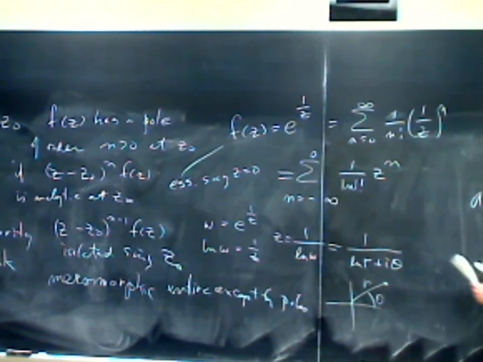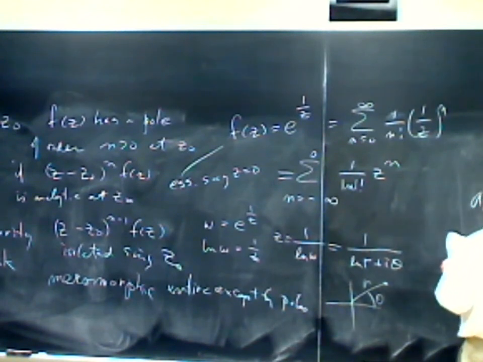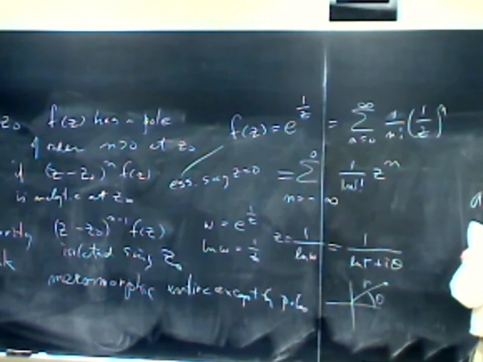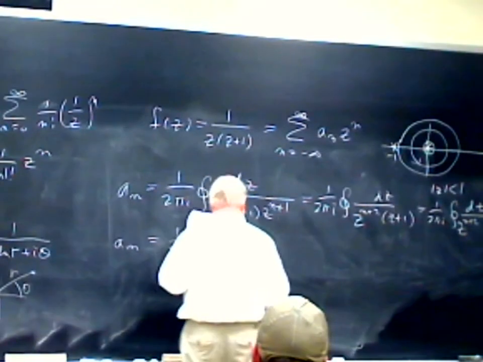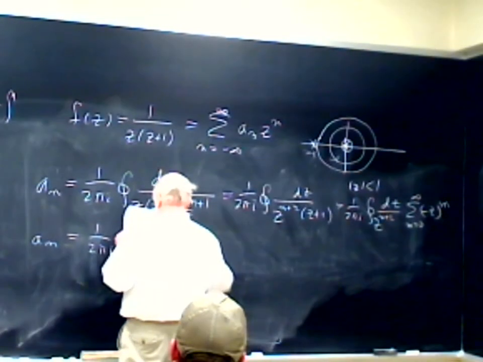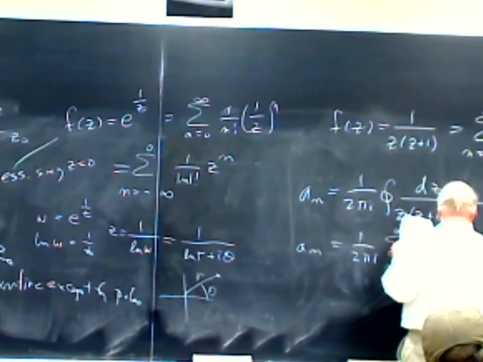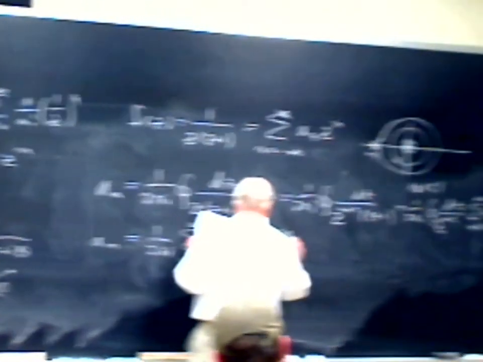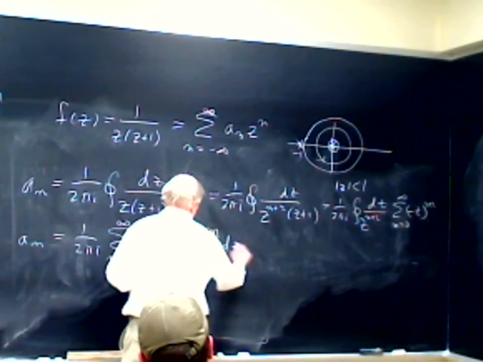Then a sub n, this coefficient, is 1 over 2 pi i, sum m equals 0 to infinity, integral along the contour c, of minus 1 to the m, z to the m over z to the n plus 2, dz.